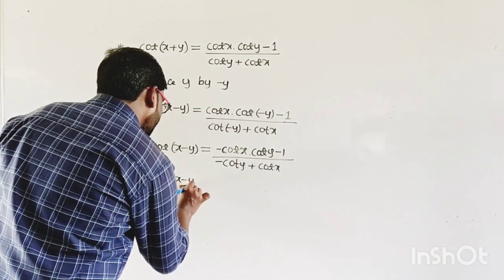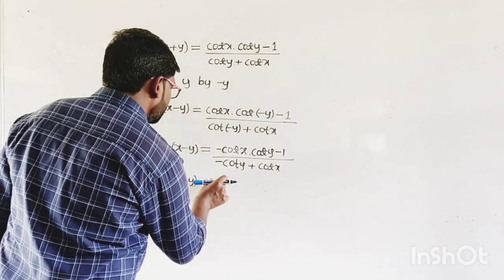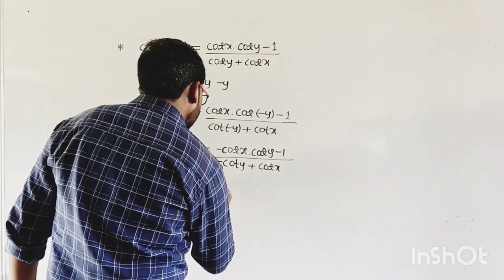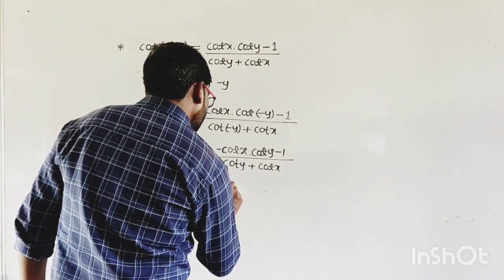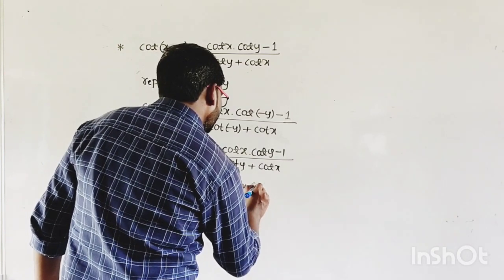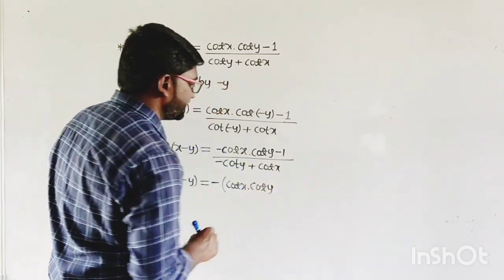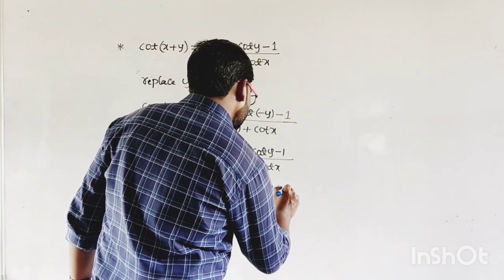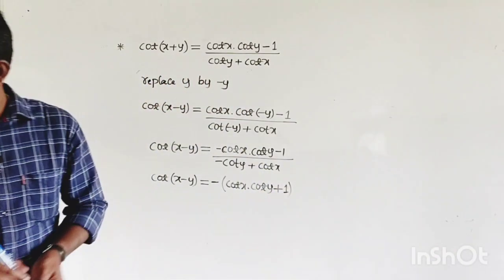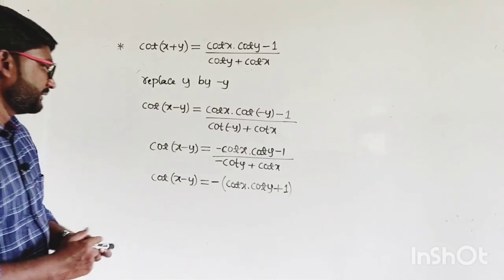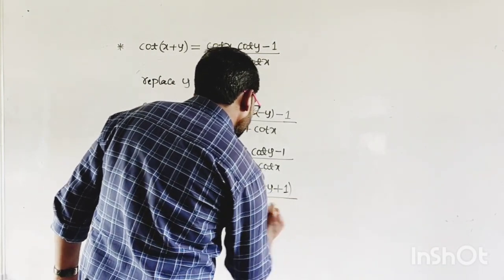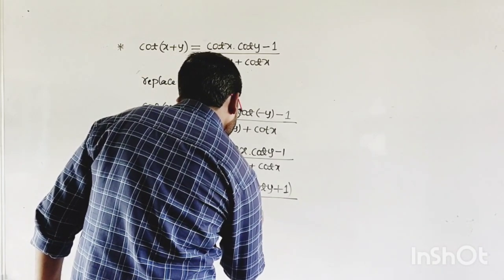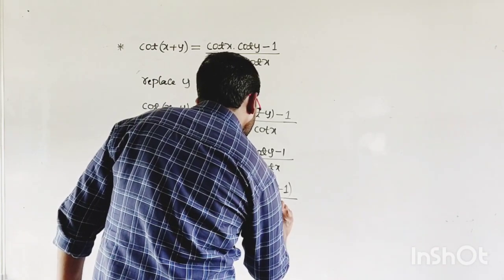Cot of x minus y is equal to, if we take minus common in the numerator, it becomes cot x cot y plus 1, divided by minus common in the denominator, so we get cot y minus cot x.